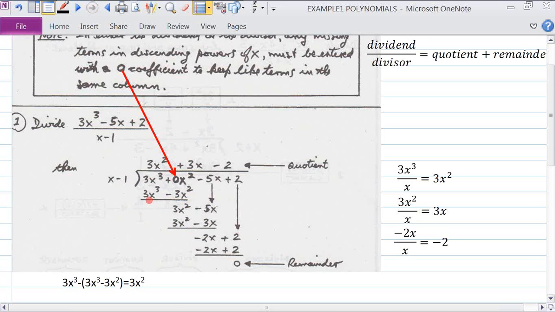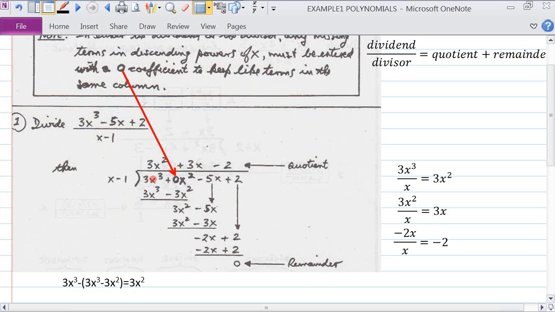And so we have to subtract, we have to take this and subtract that. And we need a term in x squared so we can see what happens on the line above, and there is no term in x squared, so we put a 0 in front of it, and that's really 0.